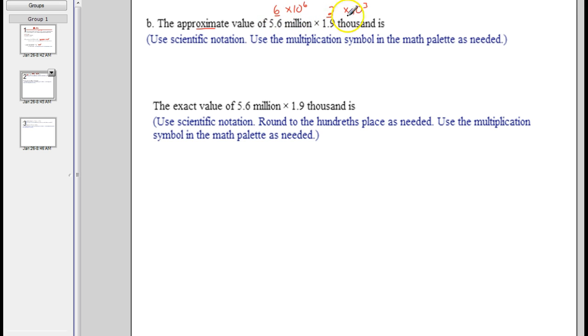So 6 times 2 is 12, times 10 to the 6 times 10 to the 3rd, which is 10 to the 6 plus 3. We just add these two numbers, 6 plus 3, but instead of writing that, I'm going to write that as 9.